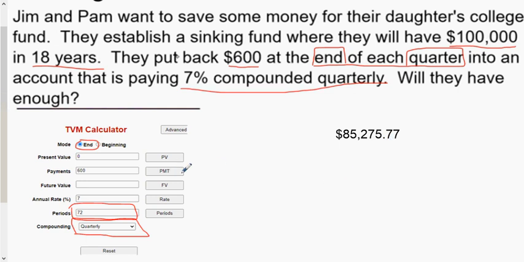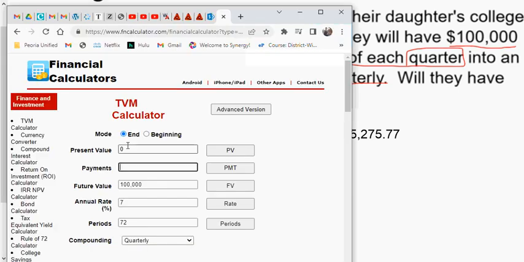Another way that you could have done this problem is you could have put a future value of 100,000 here and solved for your payment. And had you done it that way, you would have found that your payment comes out to be more than $600. Let's just do that real quick. If you put those numbers in, they're starting with 0.